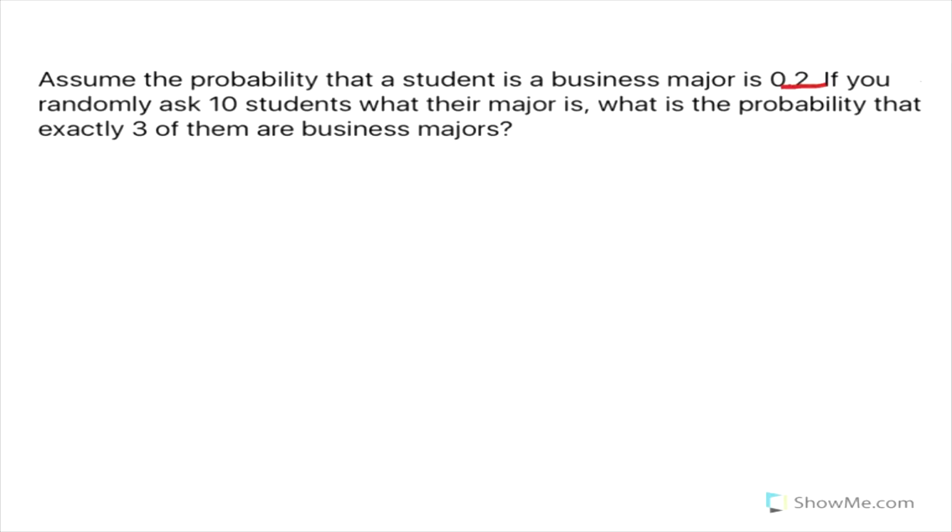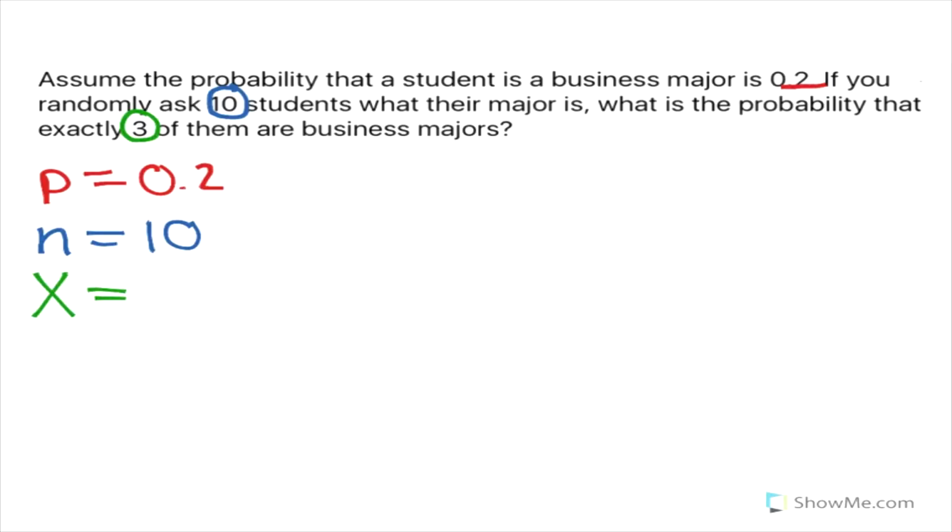So 0.2 here, that's the probability of a success in this case. And again, success just means a yes answer to the question. We're asking 10 students, so that's our sample size, and we want the probability that exactly 3 of them are business majors.